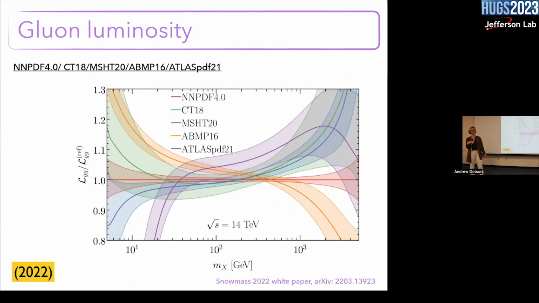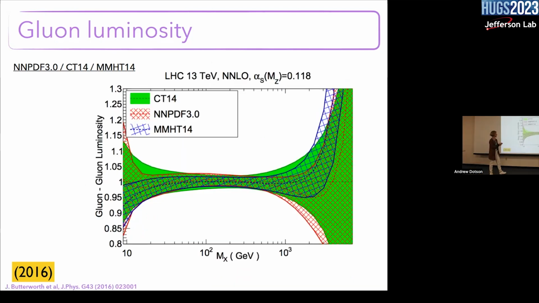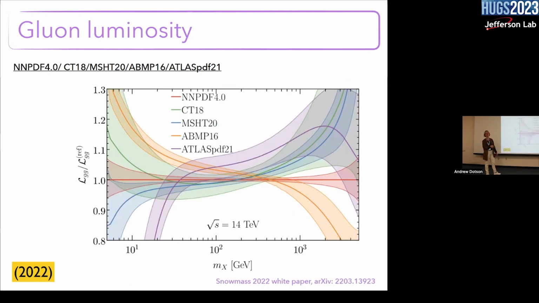So now we are back fighting again. That's a sociological thing, but there was a reason. At some point, if you were computing, for example, gluon fusion into Higgs with any of the three super global PDF sets, you were getting the same answer. Now you don't. So people went back to fight and to try to understand the internal differences.